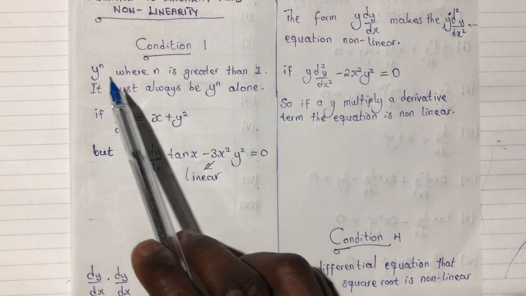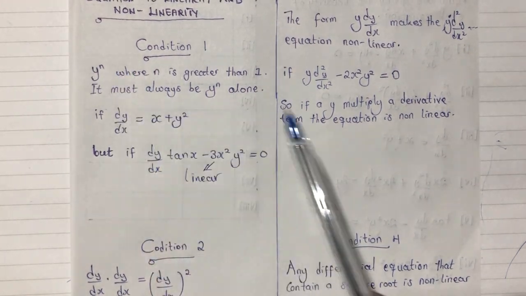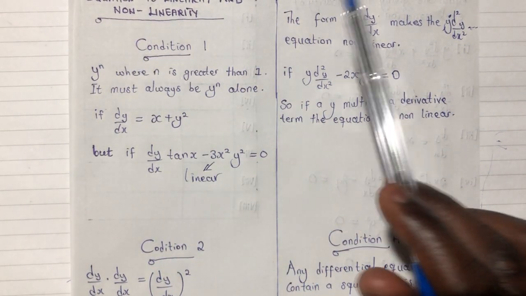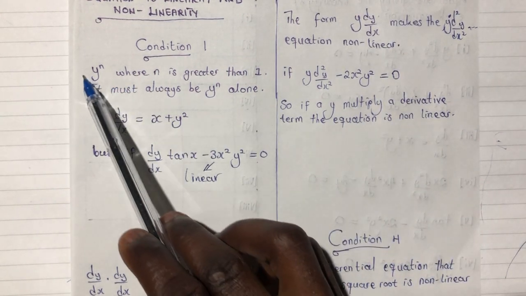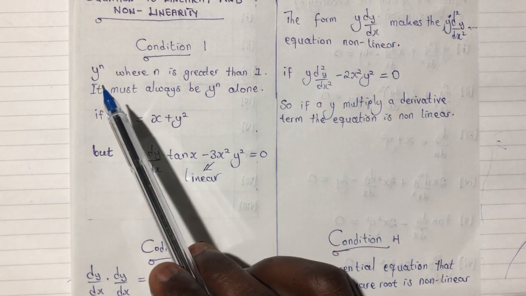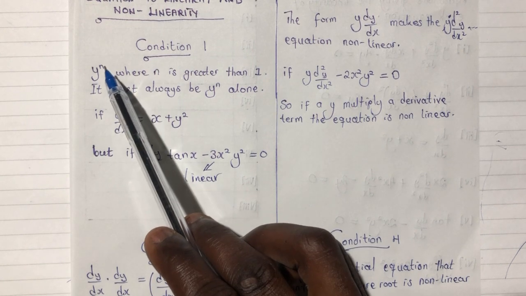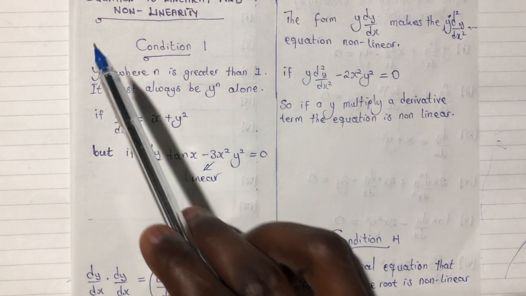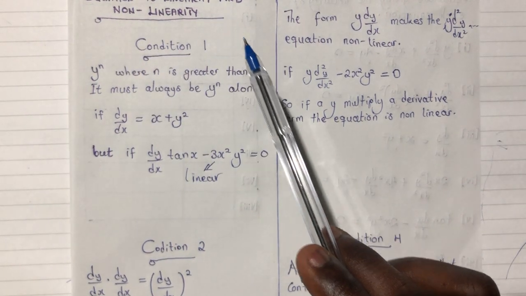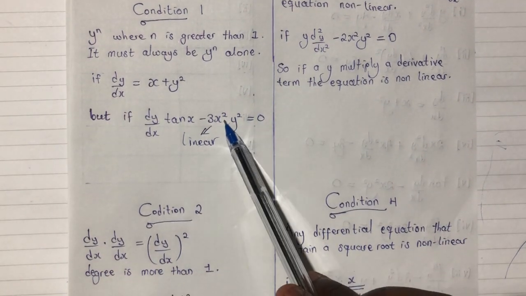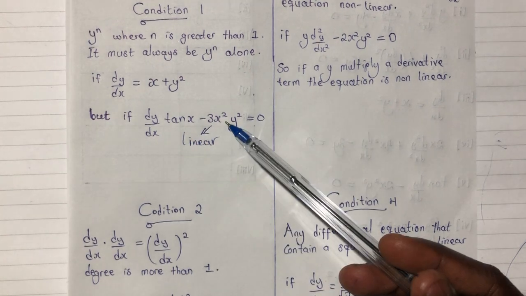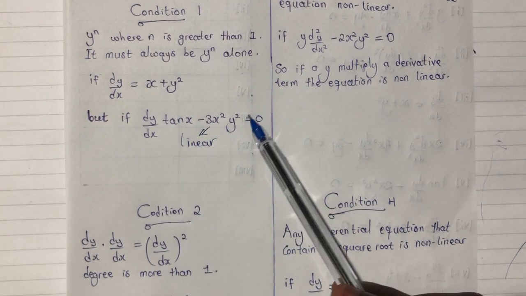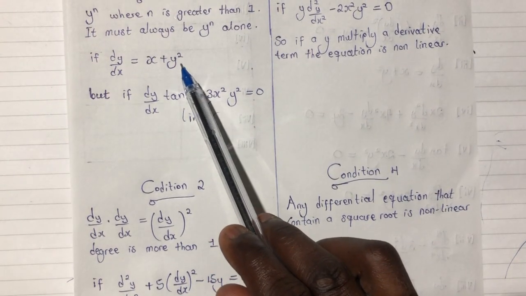The first one, we have y raised to the power n, where n should be greater than 1. However, y must also stand alone. If y is raised to power n and that n is greater than 1, the y must stand alone. Nothing should multiply it. It can be a subtraction or an addition, but it must not be multiplied by anything, as we have here.